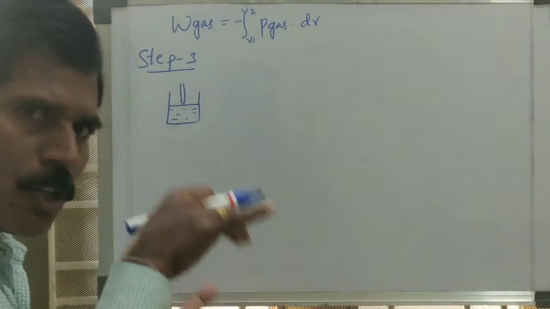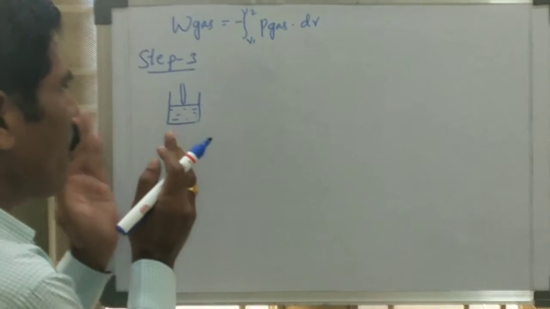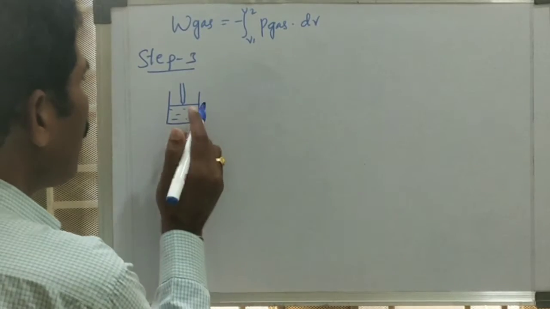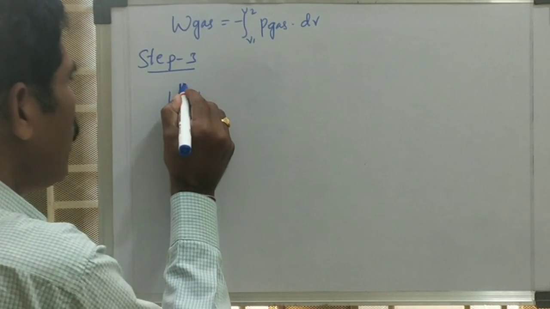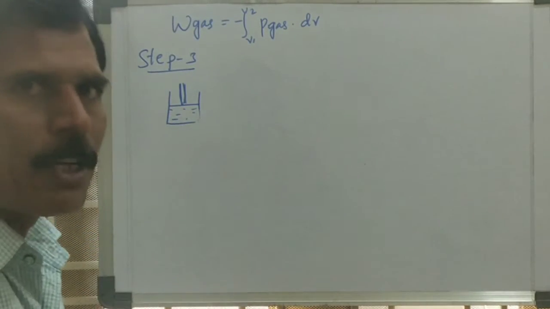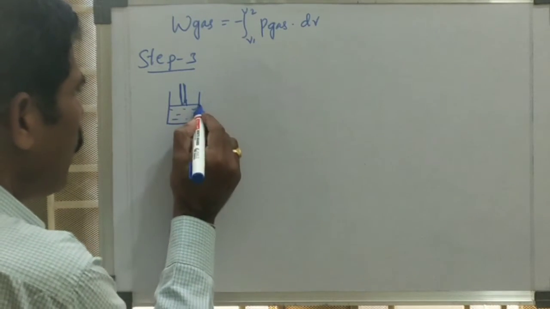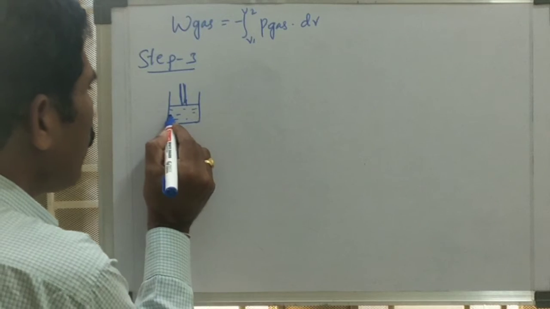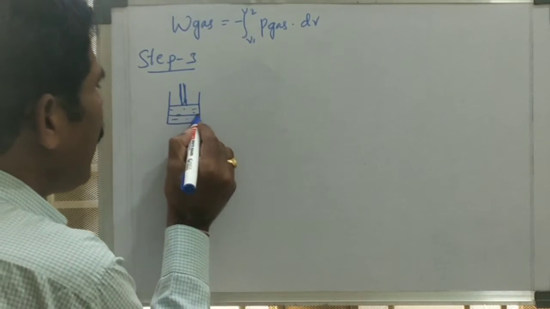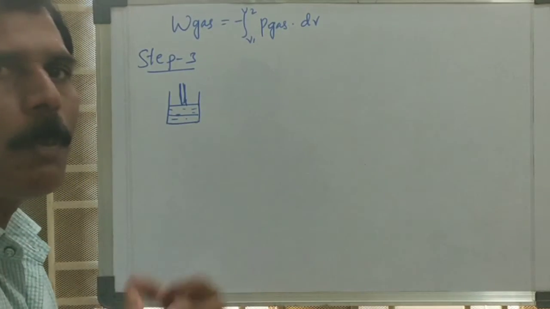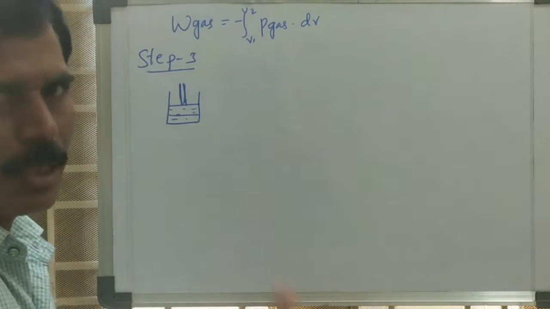If atmospheric pressure is more than the pressure of the gas in the cylinder, then the piston will exert pressure and move inside. The volume will decrease due to more external pressure.